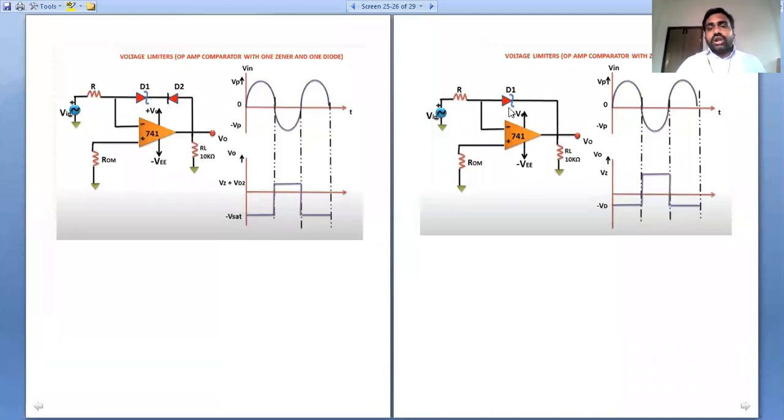Okay, so the third application we discussed in the morning is the voltage limiter application with a single Zener diode. Previously it is forward biased and the output voltage is positive, and the behavior of the output voltage is negative here. Later it is reverse, and an avalanche breakdown happens.